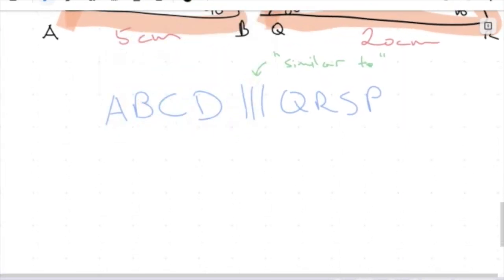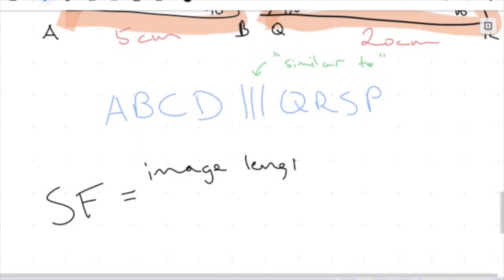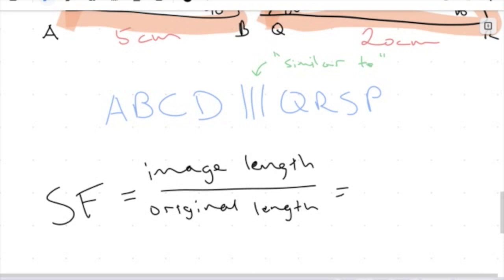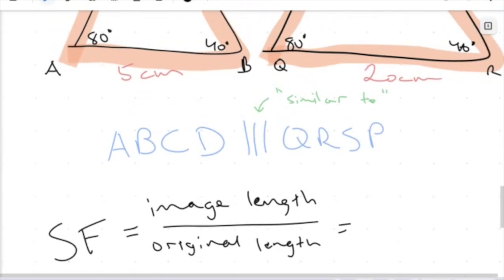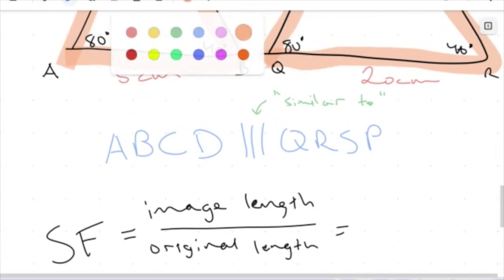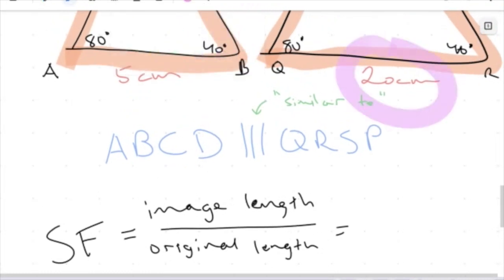And let's just find the scale factor so we can practice. Now, remember our scale factor is the image length over the original length, and I need to just find my image length and my original length. Now we've been given two of these here. I have my 20 centimeters for my image and 5 centimeters in my original.